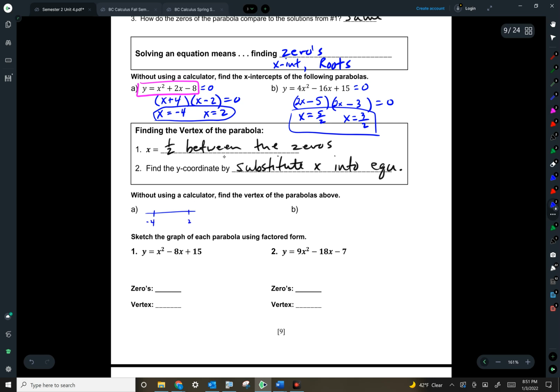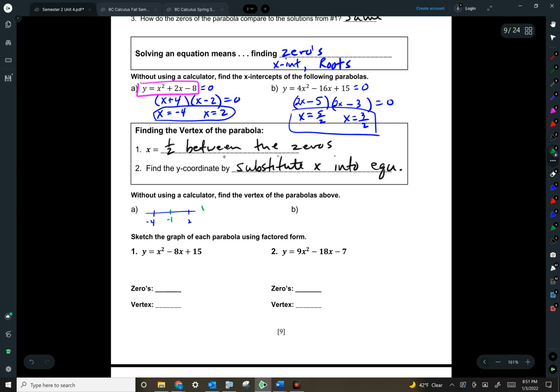What would halfway be between -4 and 2? Well, the way I think about it, aren't those 6 units apart? From -4 to 2, that's 6 units. So halfway would be 3 units from one side. If I go 3 units from either side, right in the middle, wouldn't that be -1? That's 3 units from -4. It's also 3 units from 2.